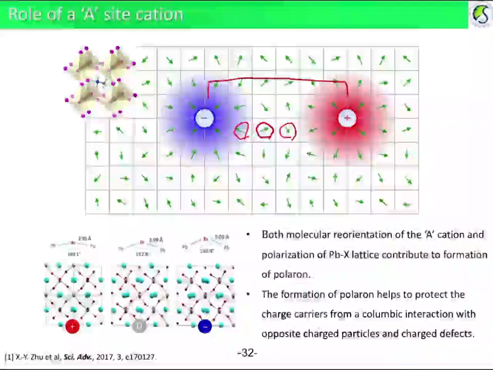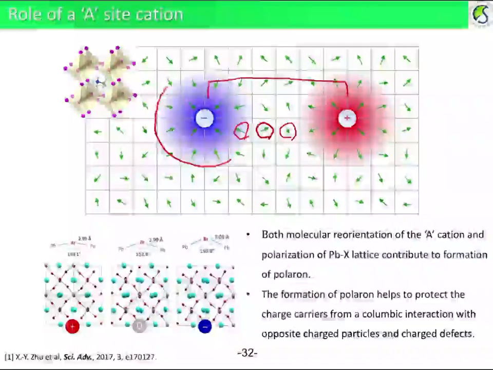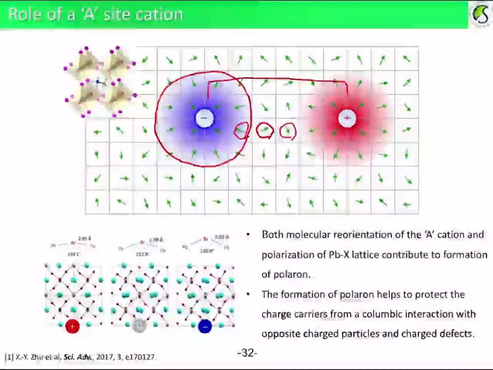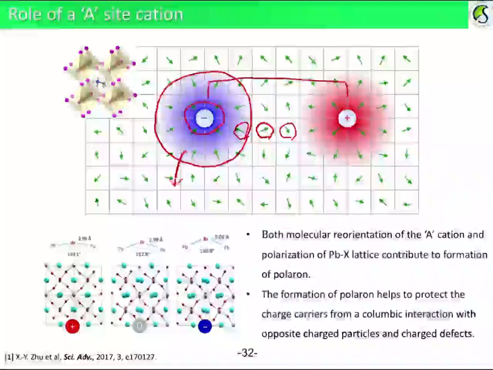So the quasi-particle, including the polarized lattice and the charge, is defined as a polaron.